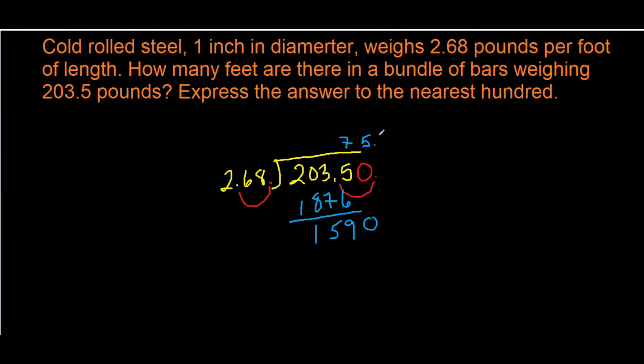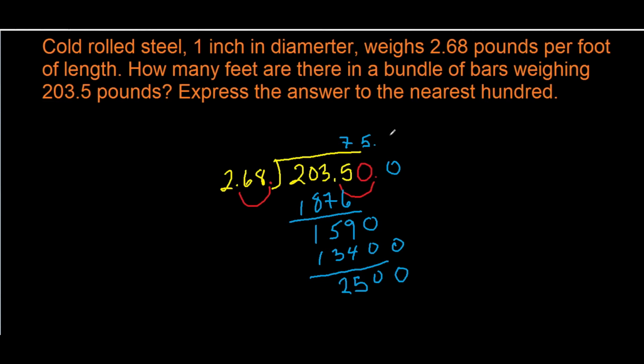So 5 times 268 is 1340. We'll do subtractions again. And now we're going to drop another 0 in there. So there's a 0, there's a 0, there's a 5, there's a 2.